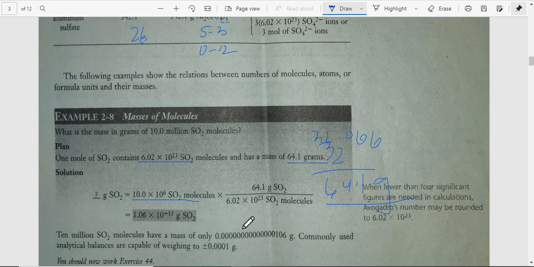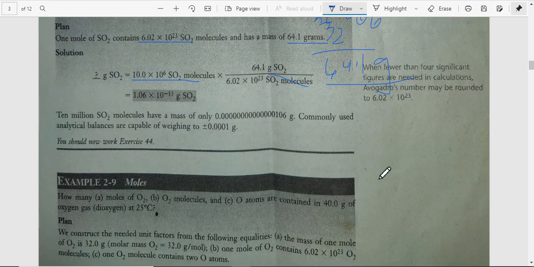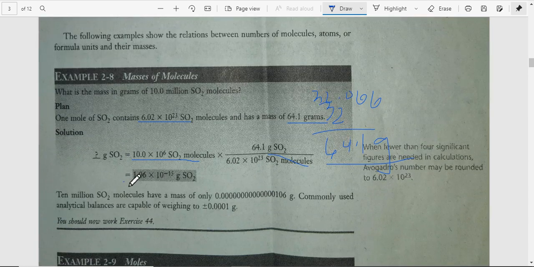If you are going to cancel out the molecules, you use the Avogadro's number to cancel out the unit, leaving you the grams of your SO2, which is the molecular weight. Simply multiply the values on top, then divide by the value on the bottom. Therefore, the grams of your SO2 is 1.06 times 10 raised to negative 15 grams of your SO2. That is how simple it is.